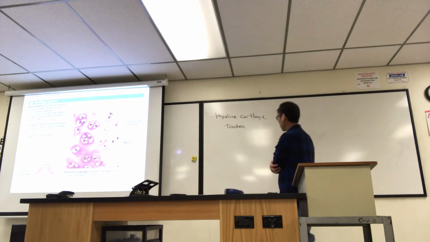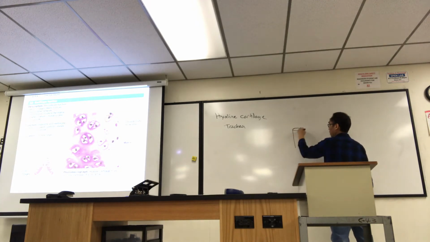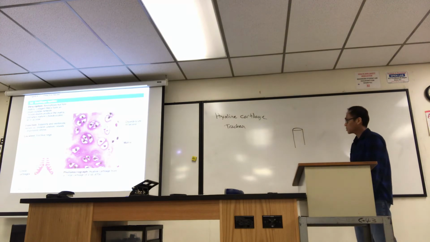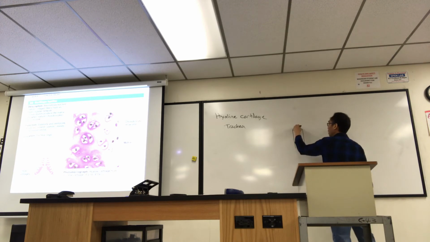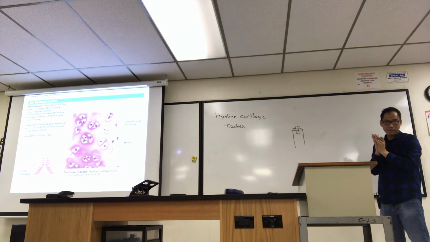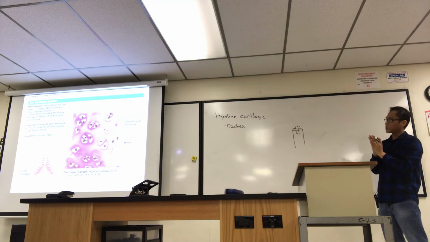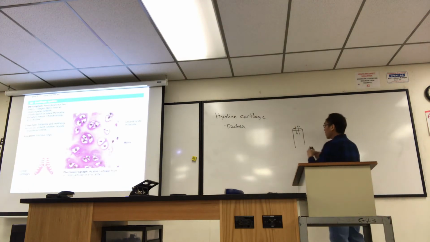And then I'll show a picture of the trachea. The trachea is a tube, and like most things, it's soft tissue. But the point of the trachea is to ventilate air in and out. When you suck air through something, the thing could collapse. So the cartilage rings keep the airway open, and this is a hyaline cartilage ring, and they're C-shaped.